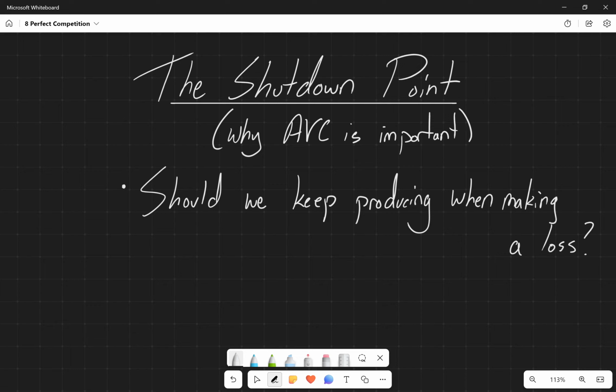Yes. So what Yang is saying is that we're in the short run here, right? In all of these situations, unless we're explicitly told we're in the long run, we're in the short run. So we can't adjust our fixed capital. We can't adjust our fixed costs. And so this becomes an issue of, can we recoup some of the fixed costs?